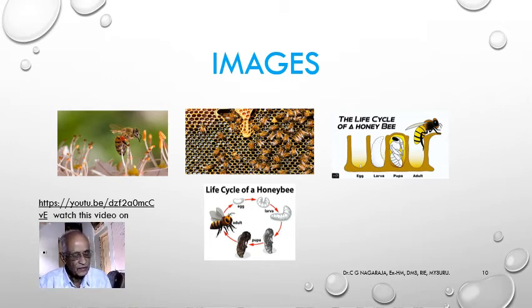It collects nectar from different sources, and they may have different combinations of sugars. All that will be converted into a homogeneous type of honey. How it is done, what kind of genetic expression takes place, what kind of genes will participate, what kind of functional expression takes place, are all important areas for you to remember.